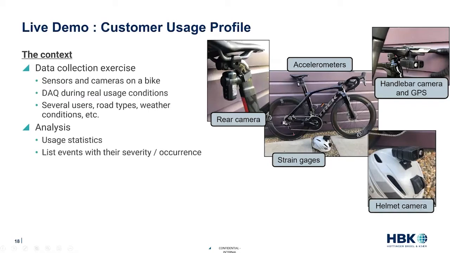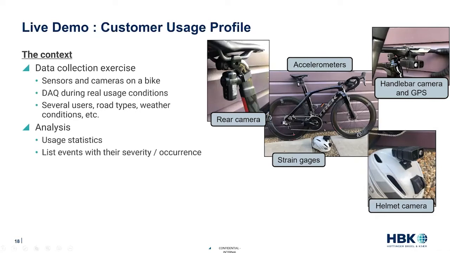And the idea is give this bike to a number of users, younger, older, a boy or girl, all sorts of users who will drive it on very different road types in very different conditions, so that you can get a global understanding, a global view on the usage, and get a usage profile, and make sure you design your bike against something that represents the population of potential users, right?